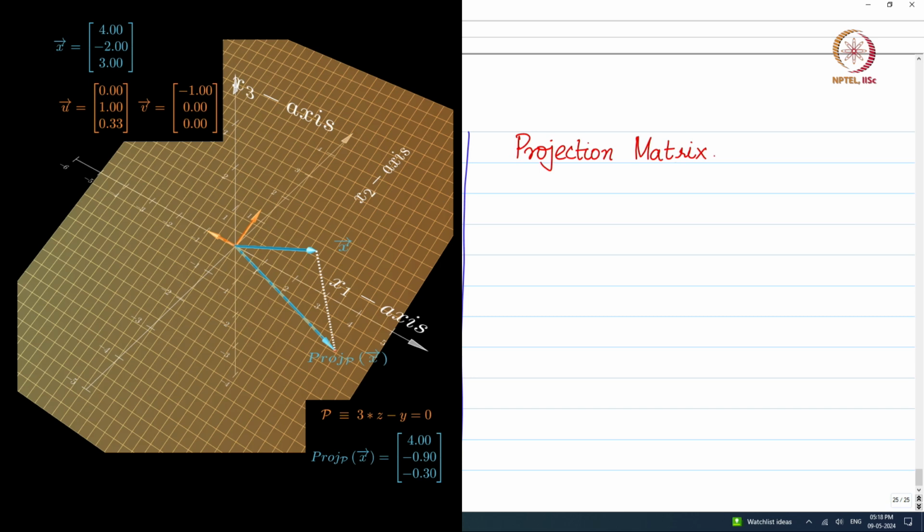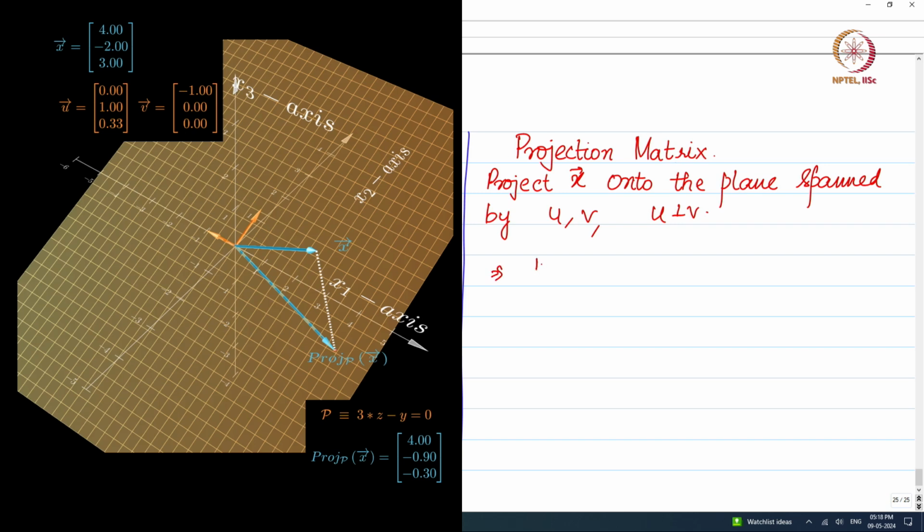Suppose I want to project x onto the plane spanned by u and v, and u is orthogonal to v.